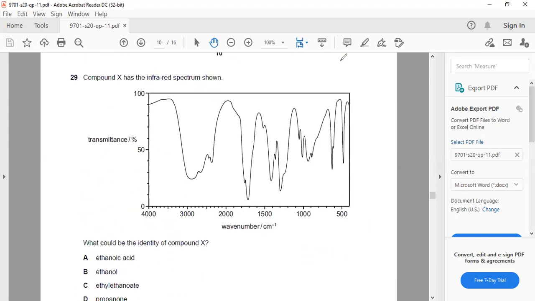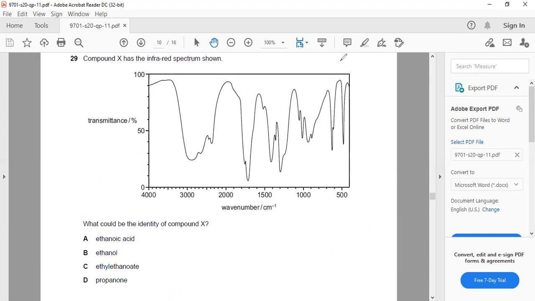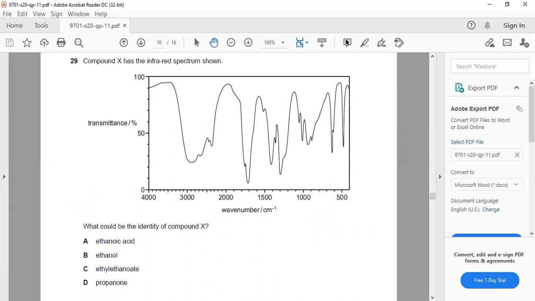Question 29. Which compound is this? It's very easy if you remember question 25. This broad peak is because of the carboxylic acid OH bond. That is the answer.